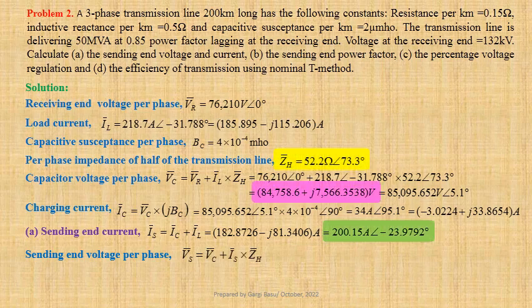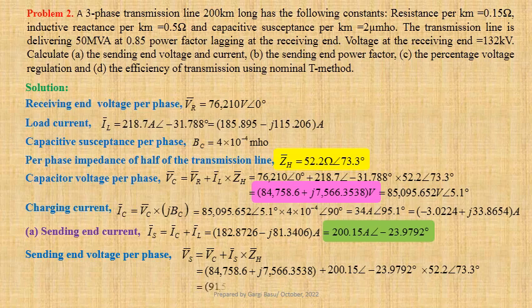Using values we get 84,758.6 plus j times 7,566.3538 plus 200.15 at an angle minus 23.9792 degree into 52.2 at an angle 73.3 degree.